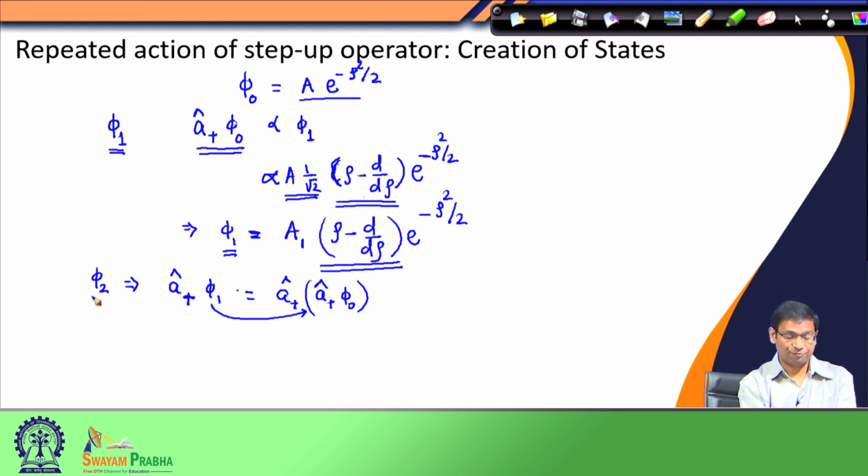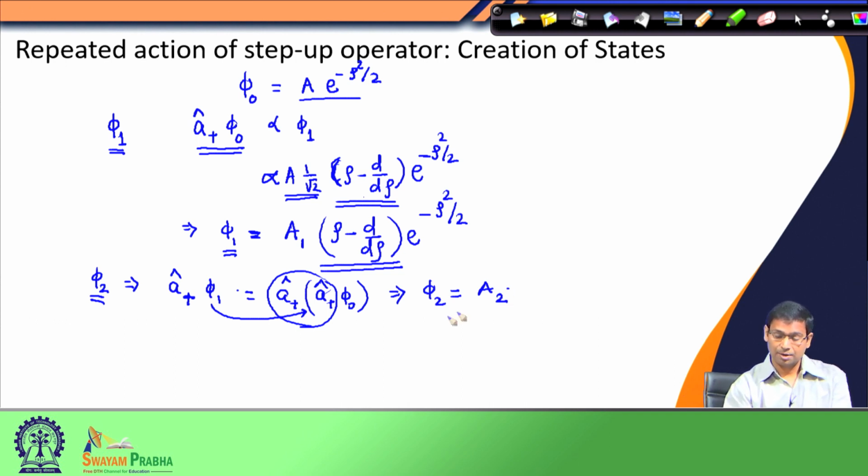So to obtain phi 2, I have to apply this a plus operator twice. I can write this phi 2 as some normalization constant A2, because I have to individually normalize this eigenfunction, multiplied by this operator, the a plus operator, rho minus d by d rho, applied 2 times.